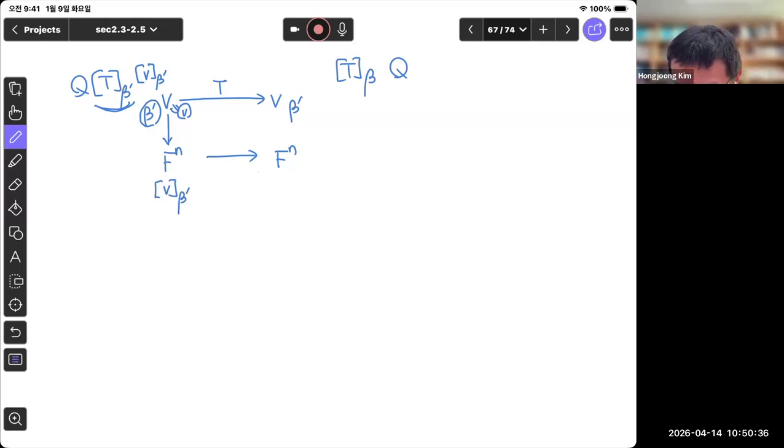I can consider, I can multiply this matrix, then you get this.